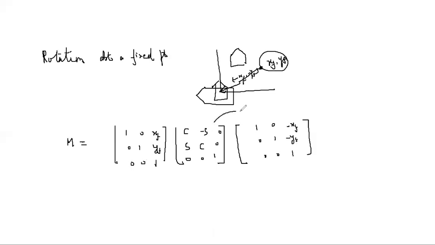Then when we multiply these matrices, we will get the resultant matrix. This multiplication you will do on your own, and after multiplying you will get the result.